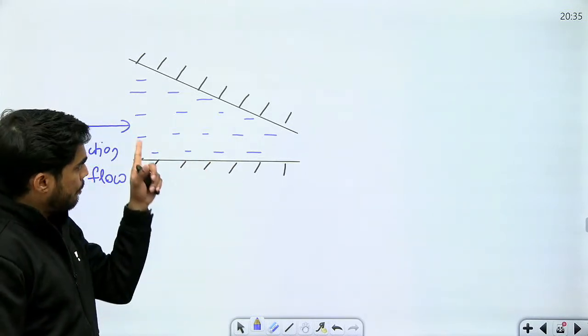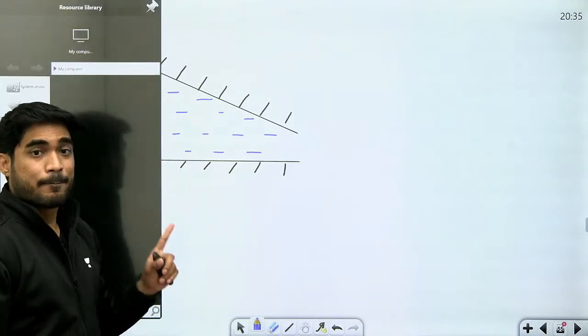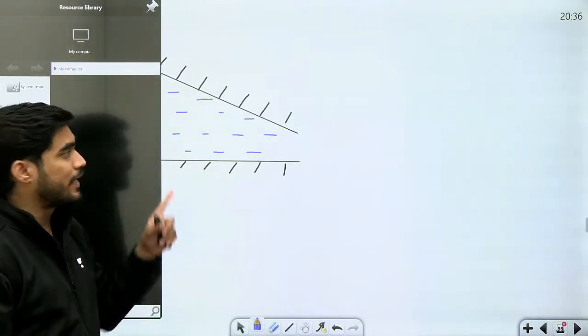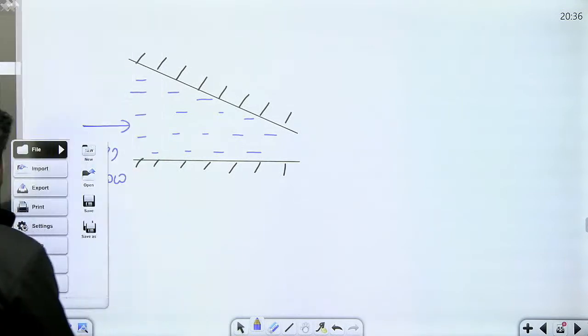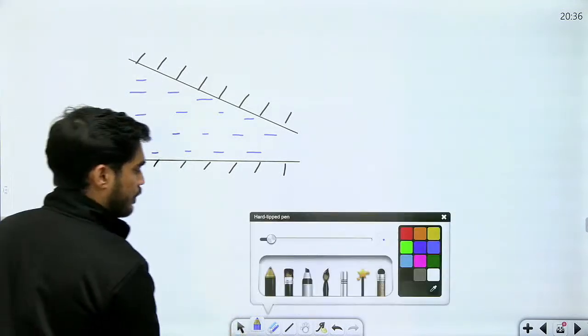What is going to happen? Perpendicular to this surface, pressure will be created.